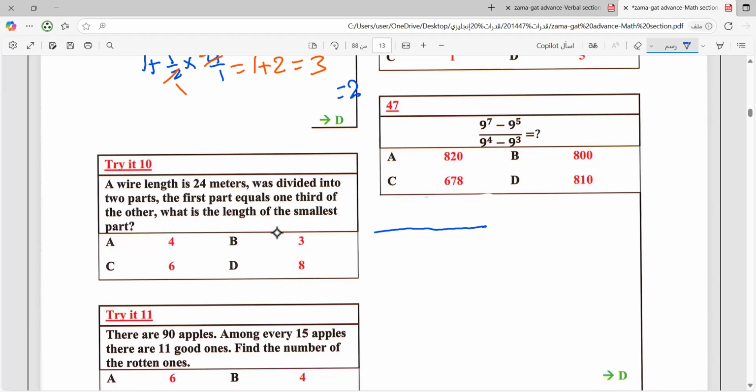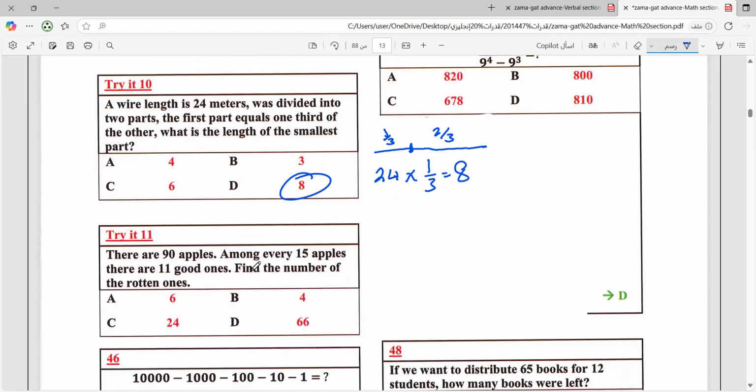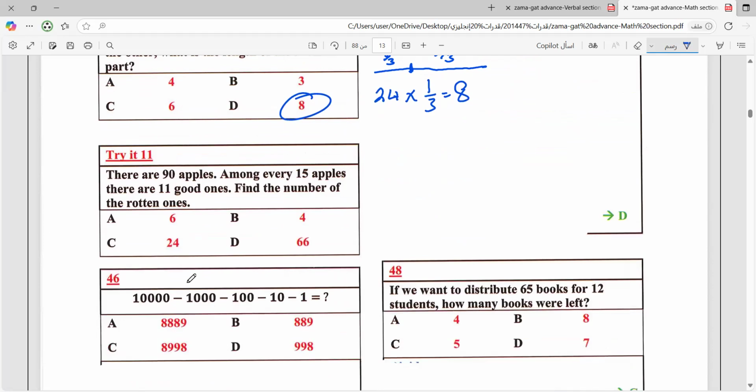The first part equals 1/3. The second part will be 2/3. Now, what is the length of the smallest part? So the first part. What will I do? 24 times 1/3 equals 8. Correct. Clear? Yes.